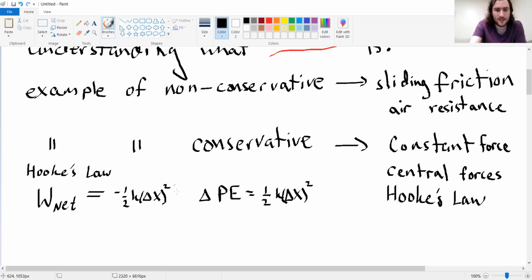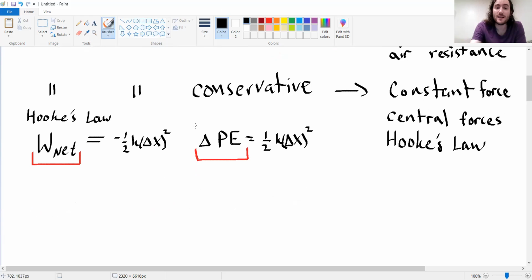And so actually, this is a nice example. I'm glad I brought this back up because now this allows us to write down the connection between the net work done on an object and its change in potential energy. And as you guys can see, these two quantities differ by a minus sign, right?